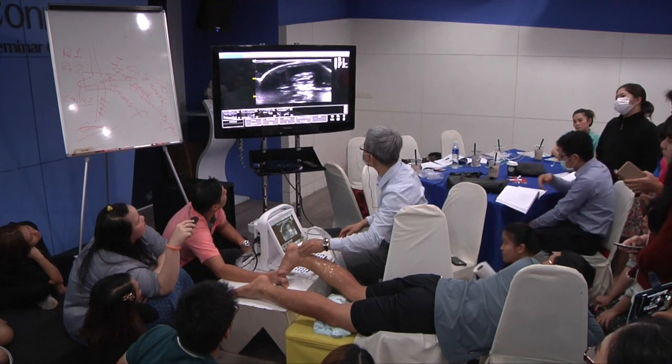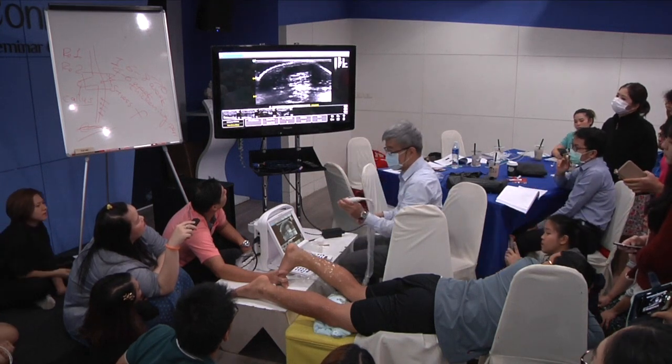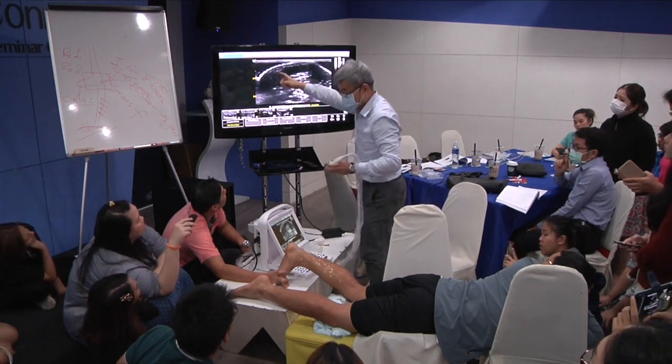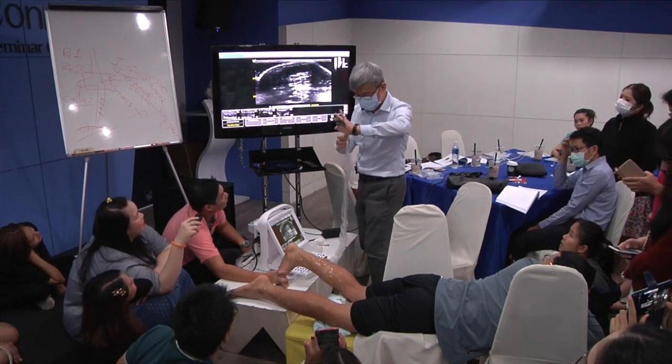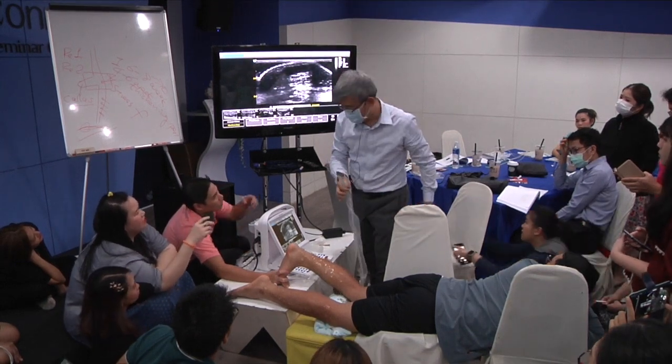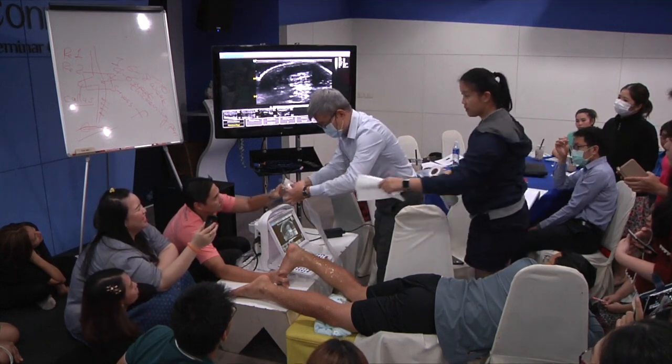Medial side, lateral side, yes. This is the super floating skill. There's a lot of gel.